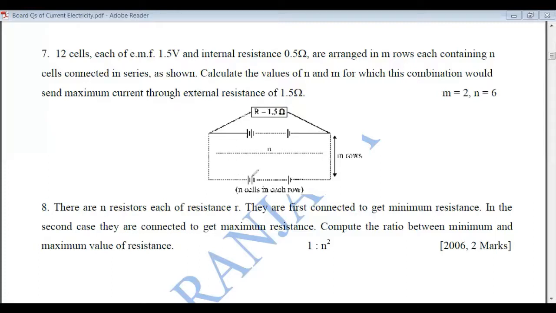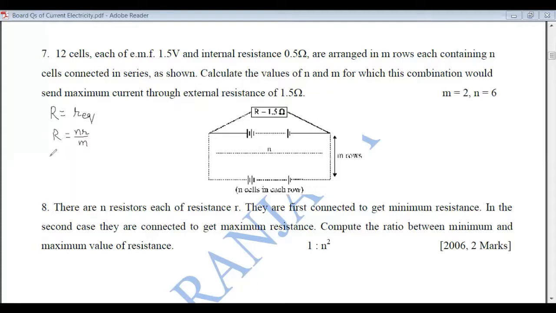Now from the figure we see that it is a mixed grouping, and in mixed grouping for maximum current we have already derived the equation. The external resistance should be equal to the equivalent internal resistance. Here the equivalent internal resistance is equal to nr upon m.